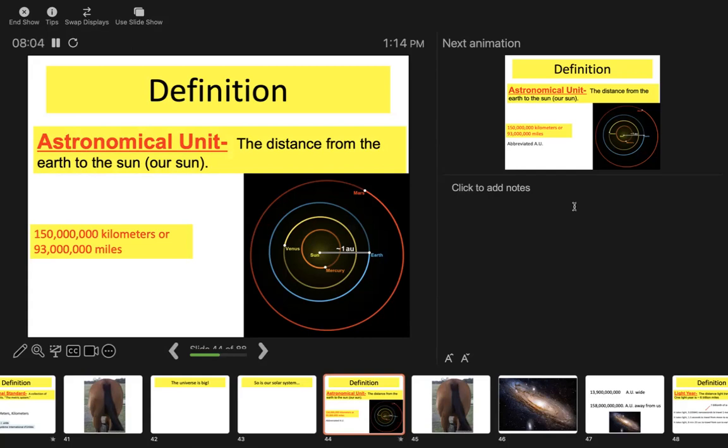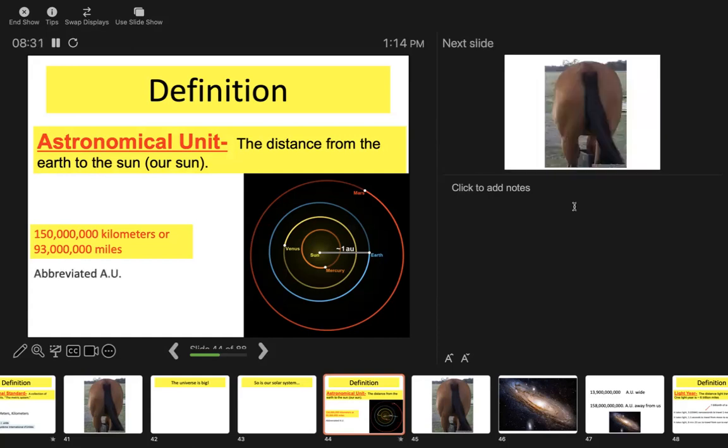This picture right here on the board is the actual distances between the inner planets, from Mars inward. So the first 4 planets, and that does represent the right distances. Roughly speaking, you can see that there's a pretty big space between Earth and Mars, but between Mercury, Venus, and Earth, we have roughly the same type of radii.